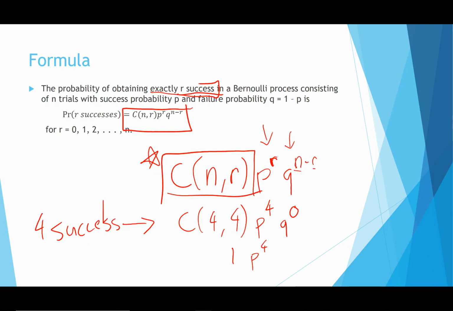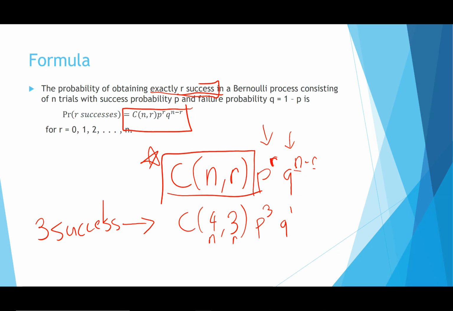If you wanted to see the probability of 3 successes, that'd be combination of 4 choosing 3. R is 3. Remember, this is N, this is R. R is 3 because we had 3 successes. Q is N minus R, which is 4 minus 3, which would be 1, right?